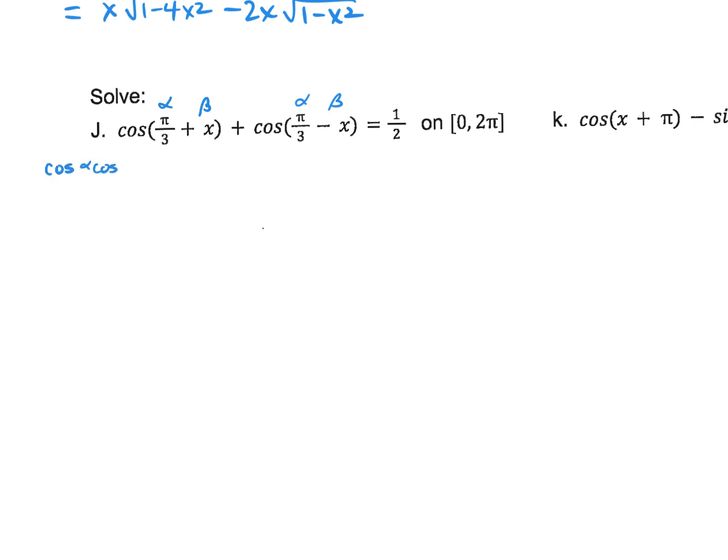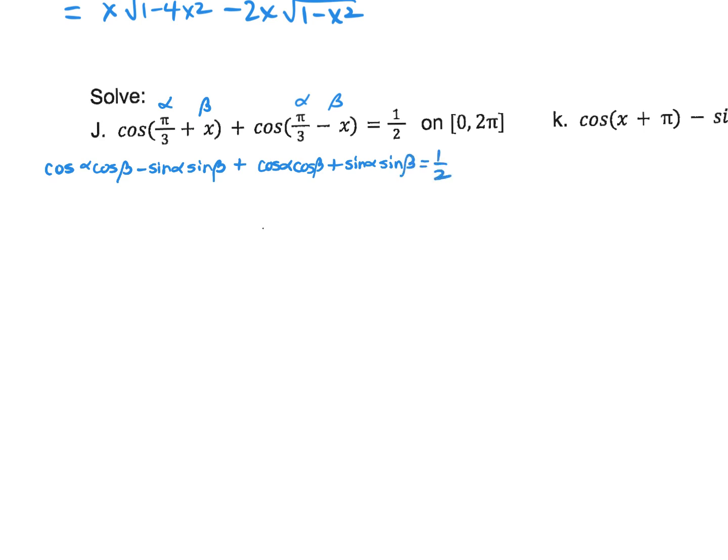Cosine alpha, cosine beta, minus sine alpha, sine beta. And this one is going to be cosine alpha, cosine beta, plus sine alpha, sine beta. This is all equal to 1/2.